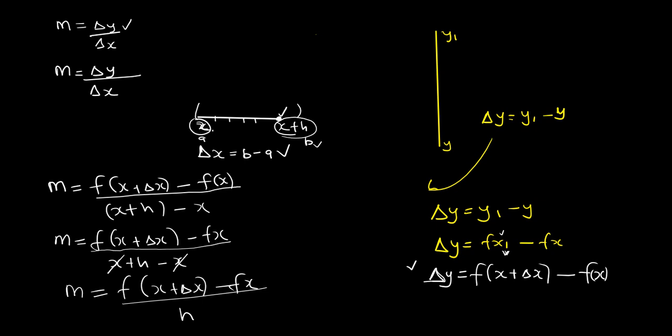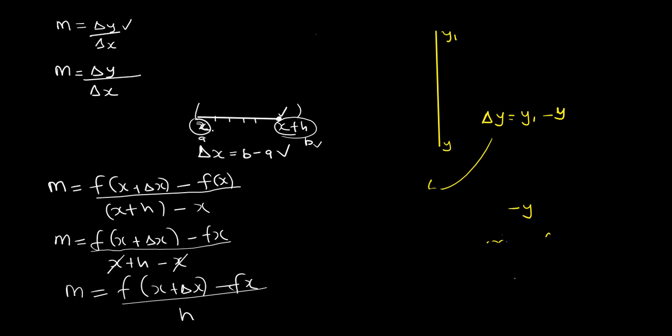Then from there, we are saying this delta x is the change in x, and we said the change in x will always be h. So you saw that the change given was h. So where there is change in x, we'll replace it with x plus h, so we'll say f of x plus h.